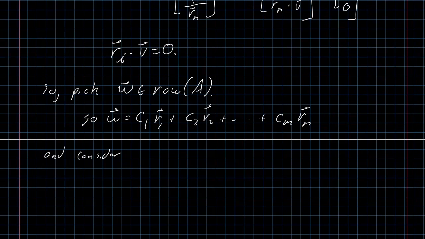If I take w and dot it with v, my vector from the null space, I can distribute.